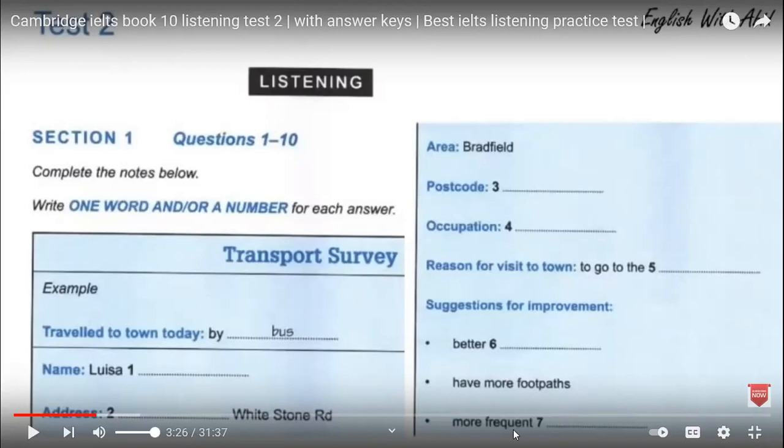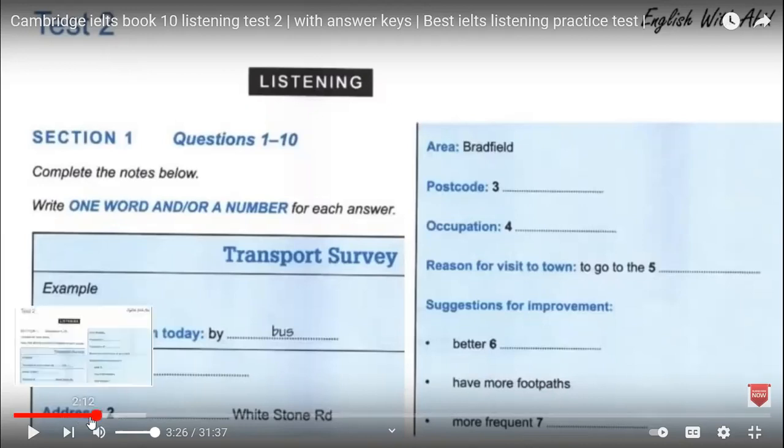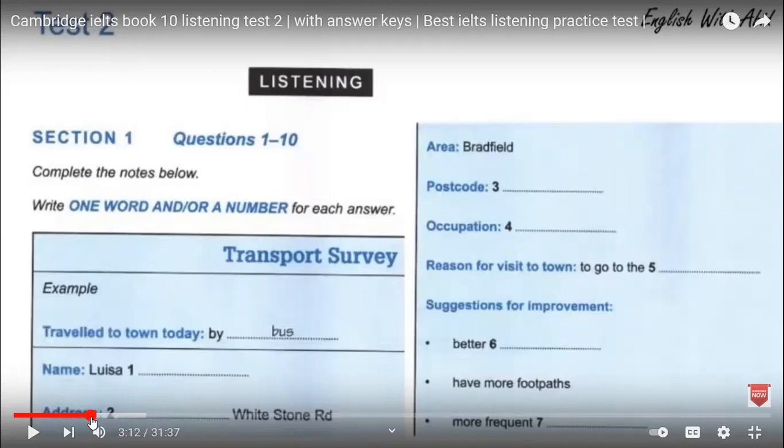Actually, it's not my audio problem. She is speaking very fast, so try to guess her words carefully. Yes, sir. It's her accent. Okay, listen to her again. If you listen to her with deep attention, I think you'll be able to understand her.